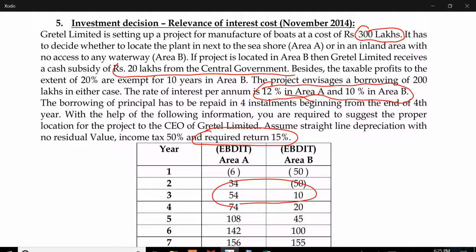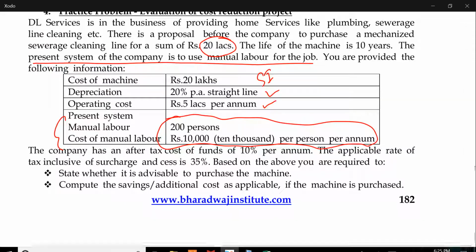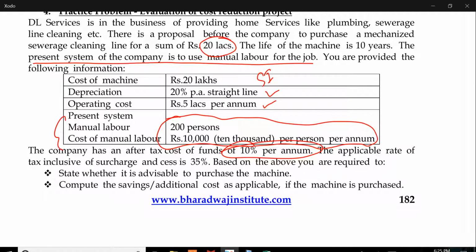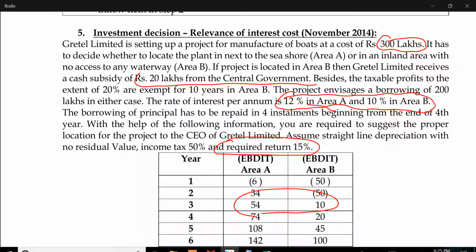We didn't know whether it is debt funded, whether it is equity funded, what rate of interest, because all of that gets captured in this number. This 10% captures cost of debt, cost of equity, cost of preference, weighted average, everything is captured there. So, we were never bothered about that. In this question also, I wouldn't have been bothered if they give me a different discount rate for area A and area B. They have given a same discount rate, which is not logical for us to do. So, we are going to evaluate this under equity shareholders angle.